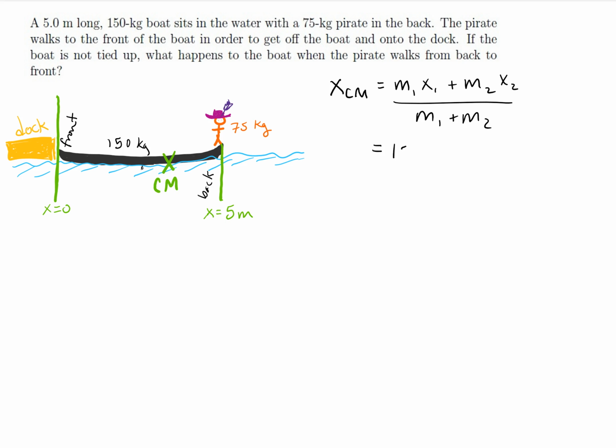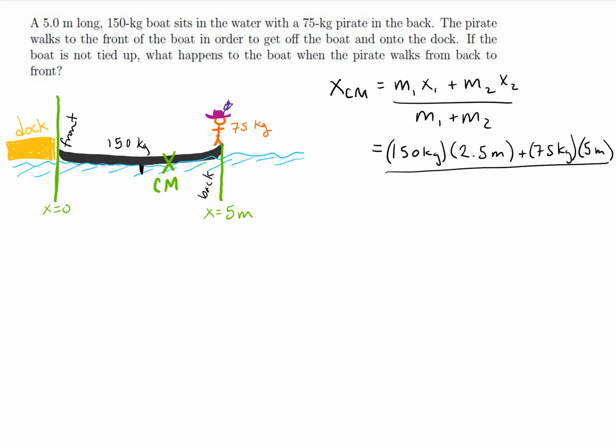So the mass of the boat is 150 kilograms, and for the x-coordinate of the boat, let's just use the average position, which is the middle of the boat right here, at 2.5 meters. Then we have the mass of the pirate, 75 kilograms, and the position of the pirate is at 5 meters.